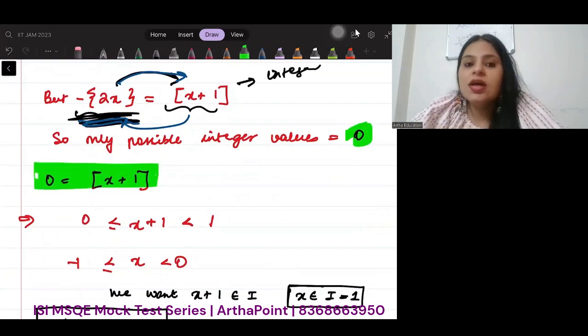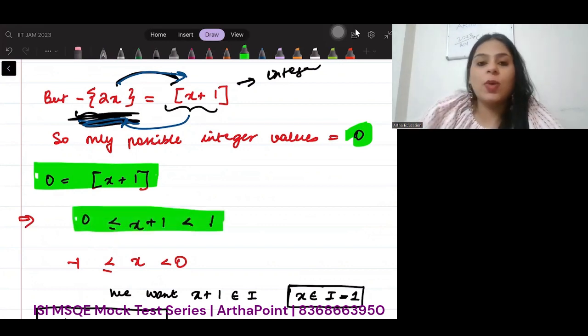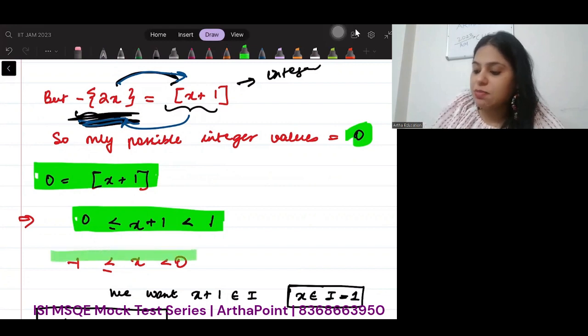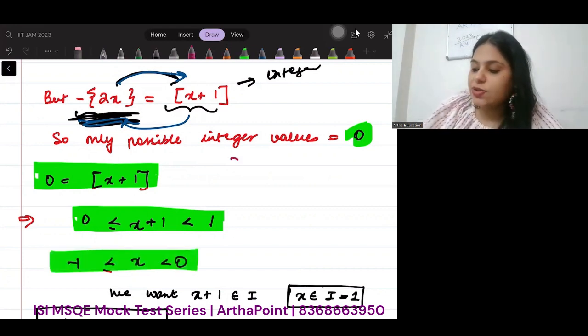Is this clear? Now, if the greatest integer of x plus 1 is equal to 0, it means that x plus 1 must be between 0 and 1, 1 not included. It means that my x must be between minus 1 and 0. Just take any value and check.